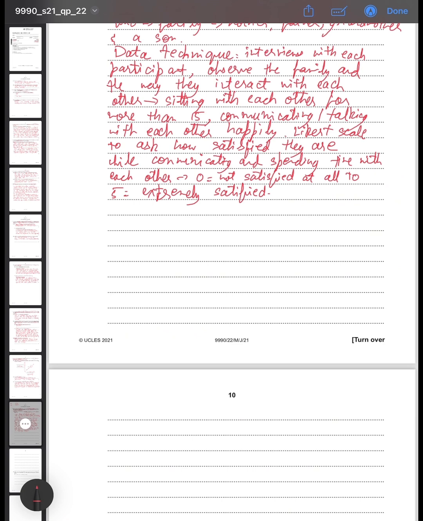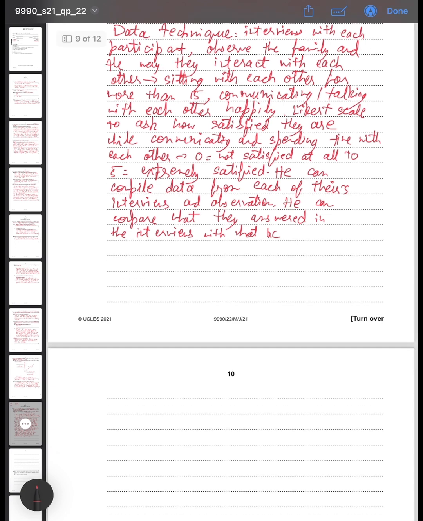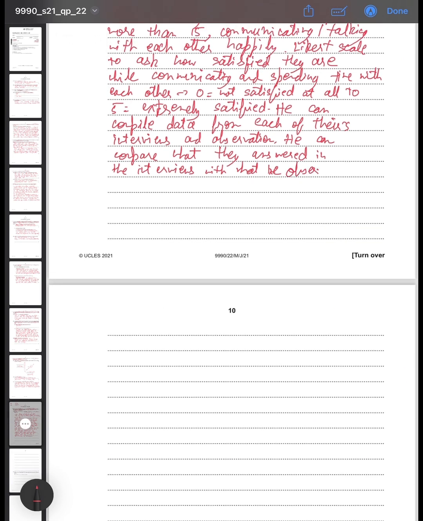Now, after this is done, what Seth can do is he can compile data from each of their interviews and observations, and then he can compare what they answered in the interviews with what he observed.